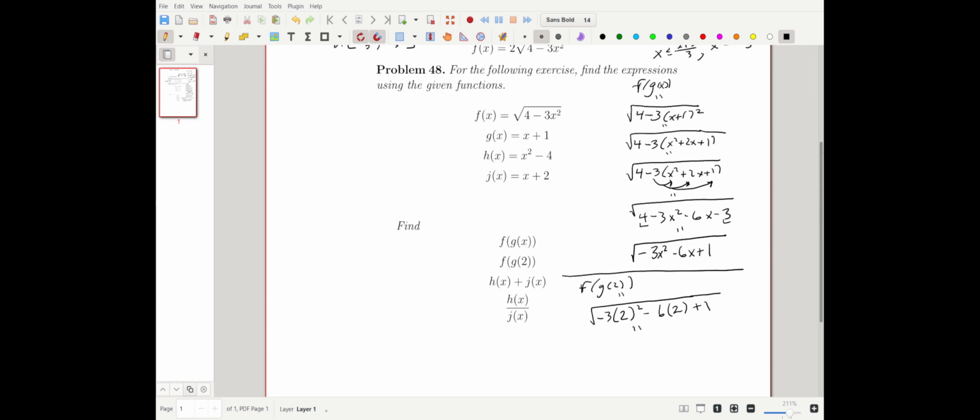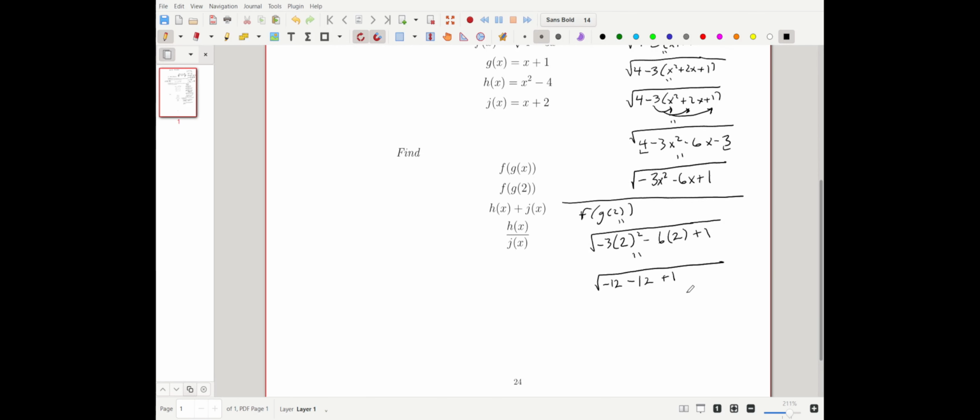So following order of operations, we square the 2 first. So 2 squared is 4 times negative 3. That's going to give us negative 12. Negative 6 times 2, that's going to give us another negative 12. And then the positive 1. And so negative 12 minus negative 12 is negative 24, plus 1 is negative 23.